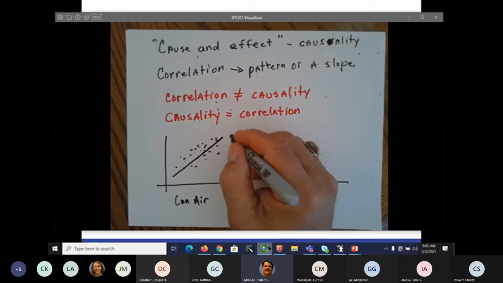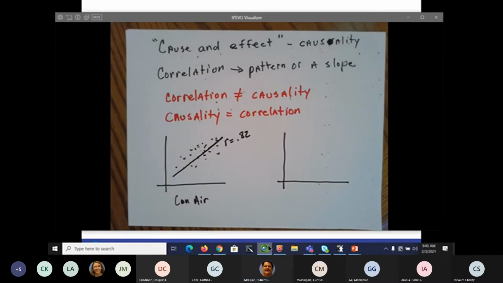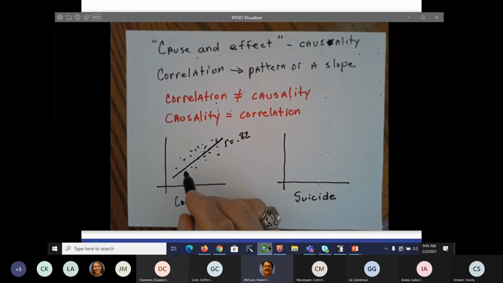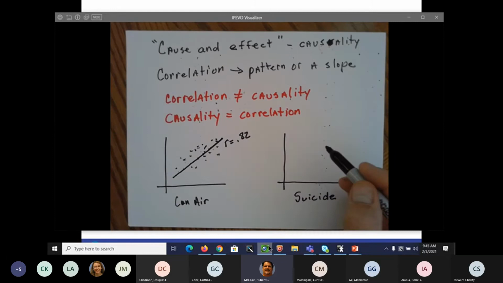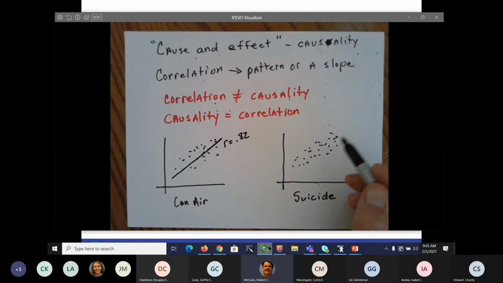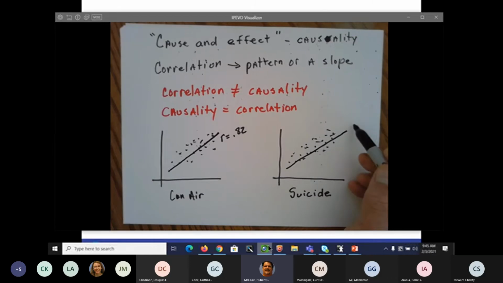R is equal to 0.82, which is the correlation coefficient. And then I go to the hospital and ask, what is the suicide rate for the last 3 weeks, the same 3 weeks that I took these ticket sales? And I get something like this, and it has a correlation of 0.8.